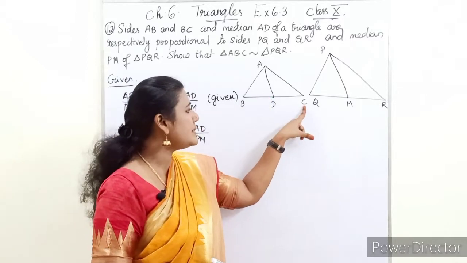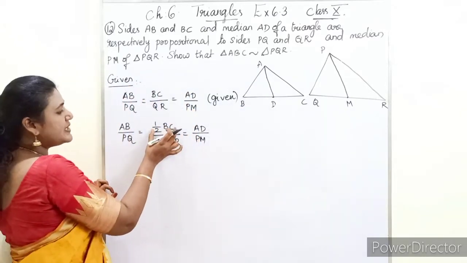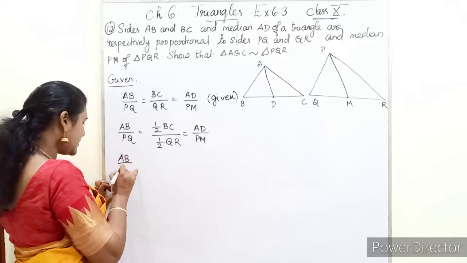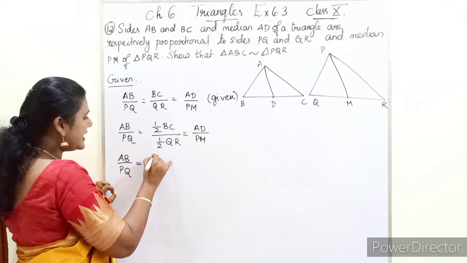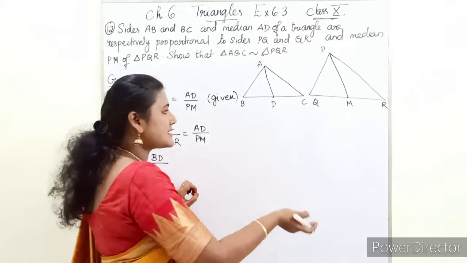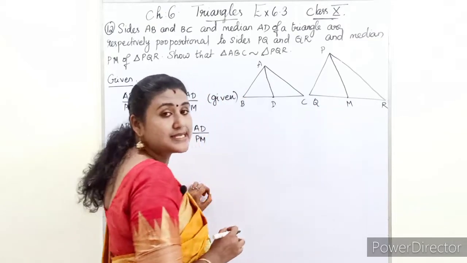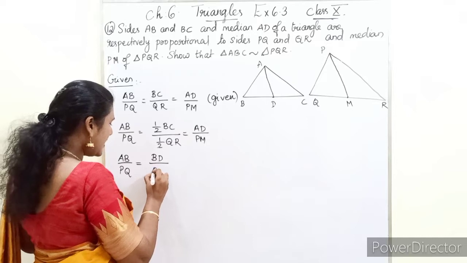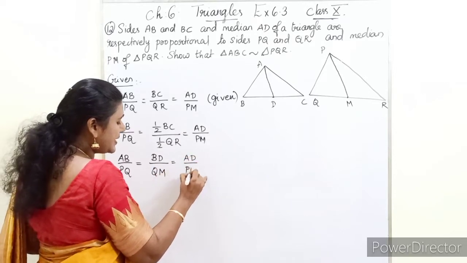So half of BC we can write as BD. So in the place of half of BC we can write BD. So we will get AB by PQ is equal to BD by, similarly in the next triangle half of QR is QM, since M is the midpoint. So we can rewrite this as QM, is equal to AD by PM.